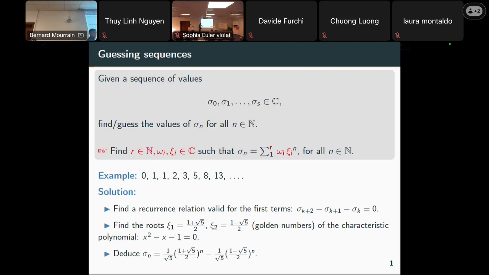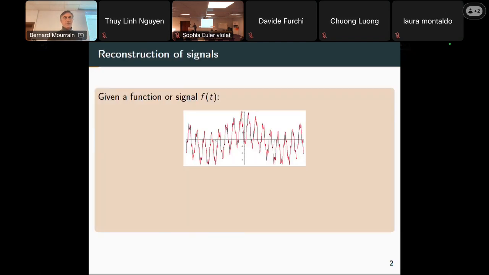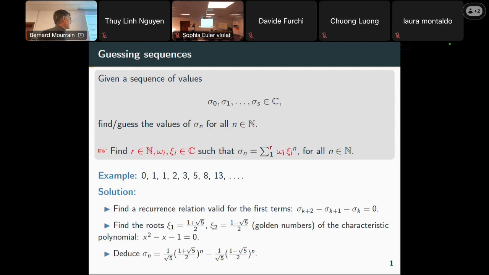You solve this polynomial, compute the roots, which are the golden numbers, c1 and c2, and then you are able to find the value of sigma n by taking the power of the roots and the weights, which you compute from the first values. So this is a problem on moments, on a sequence of numbers.